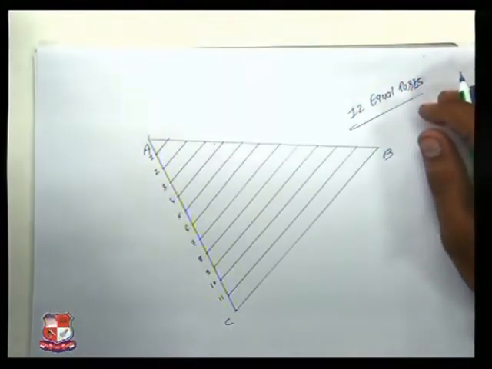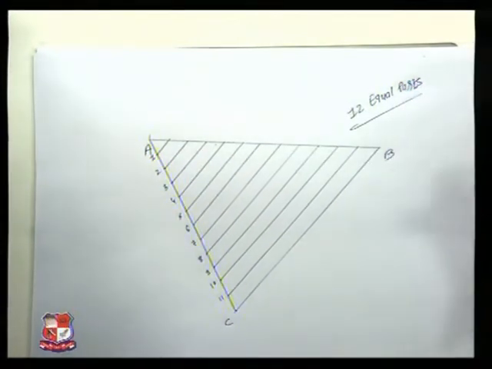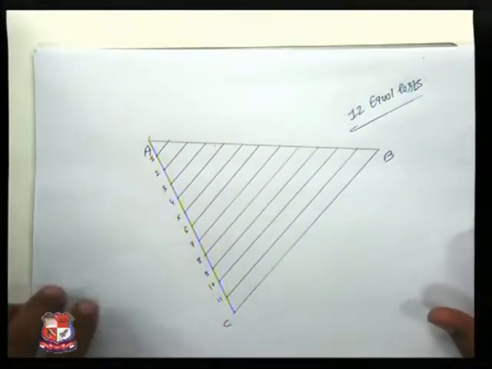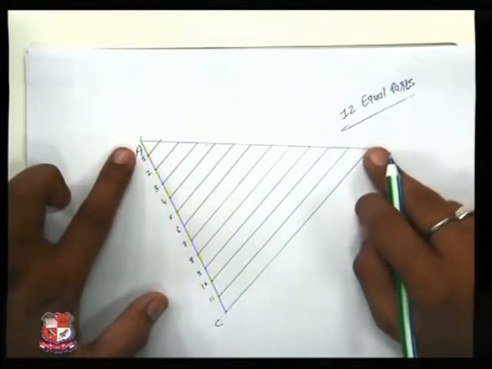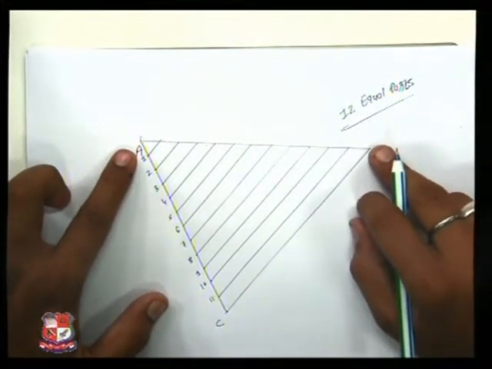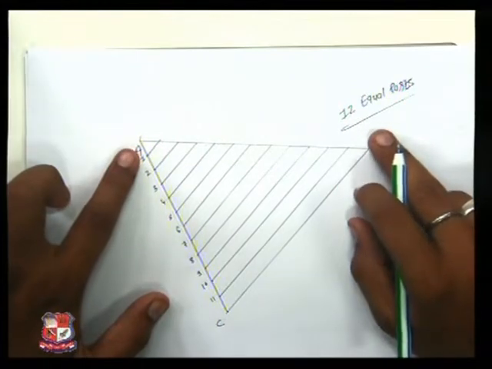This is how you can divide an unknown line into 12 equal parts. You have got a line of unknown distance or a distance which you can directly not divide.